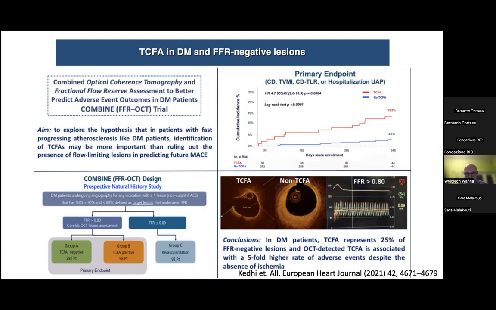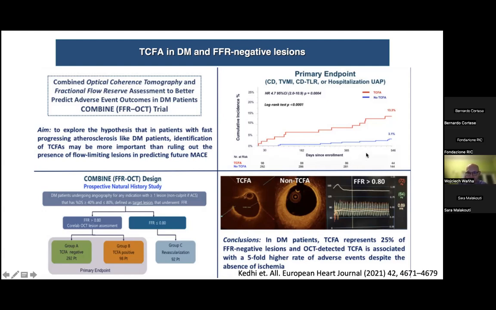And what did the study show? In patients who did not have significant stenosis according to FFR, 25% had TCFA, and TCFA was related to a 5-fold higher rate of adverse events despite absence of ischemia.